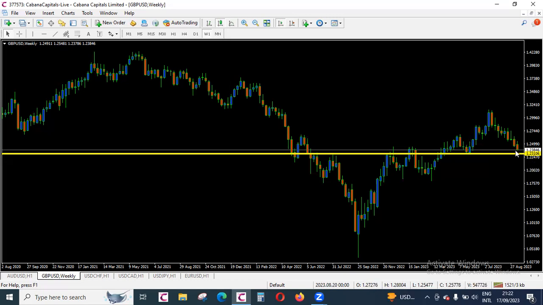So we can't buy at the moment. We cannot buy GBP USD at the moment. It is still bearish. If we want to buy, we need to get a pivot of last week's candle.